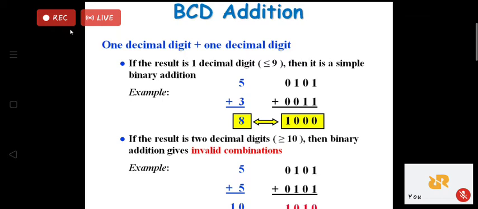There is no carry generated. 1 + 1 is 0 with carry 1. So 1 + 0 + 0, that is 1010. Now tell me, is it a valid BCD number? What did I tell you? Only 0 to 9 is valid BCD. To represent 10, I must write 0001 followed by 0000. If I write it like that, only then is it a valid BCD number. Otherwise the number is not a valid BCD number.